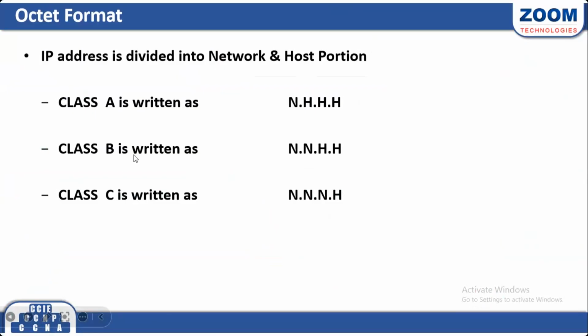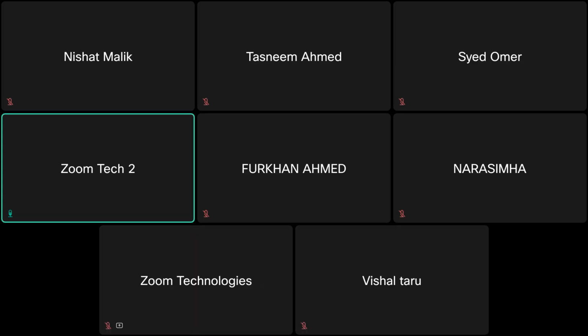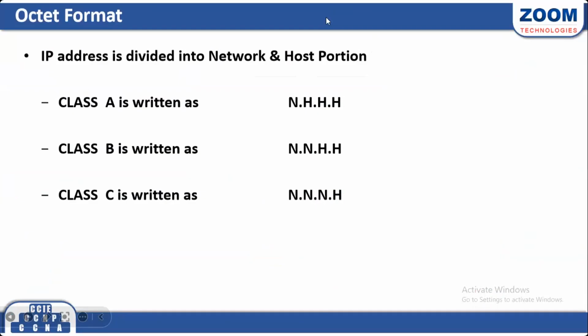Then in class B, 2 octets are reserved for the network portion, network, network, host, host, and 2 octets are reserved for the host portion for the devices. But in class C, 3 octets are for the network portion and only 1 octet for the host portion.